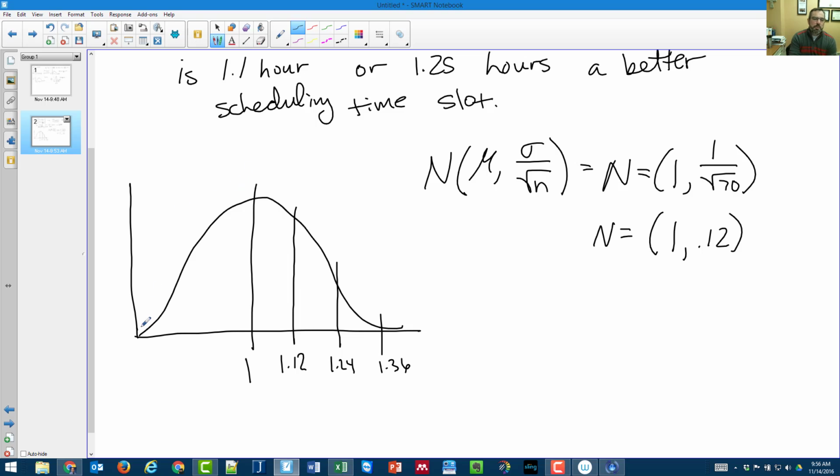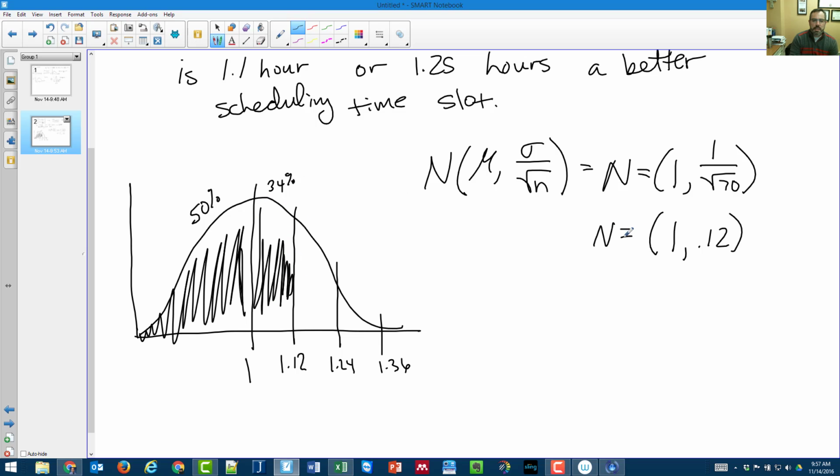Now, if you remember as we went through here, these are right on the standard deviation. I'm going to show you how to use the z-score table, but I should note that from here all the way up to the average, that was 50%. If you remember our 68 rule, this is 34% going up to the next standard deviation.